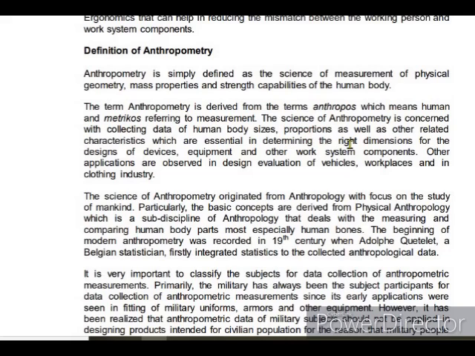So the science of anthropometry is concerned with collecting data of human body sizes, proportions, as well as other related characteristics, which are essential in determining the right dimensions for the designs of devices, equipment, and other work system components. Why do you think that body size proportion is important?